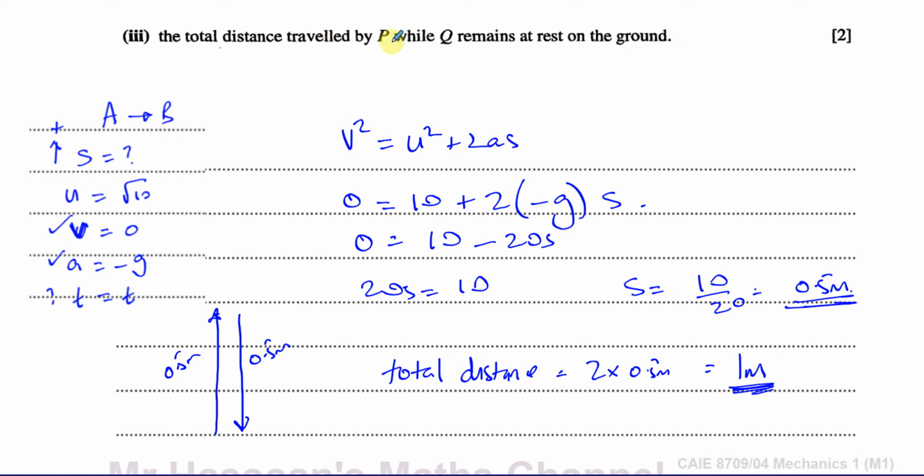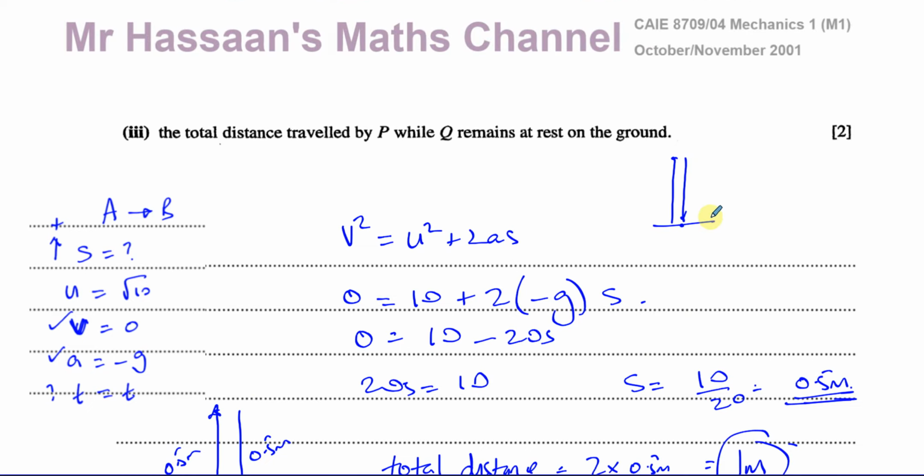They think, oh, I know what the question is asking, like, how high did P go after Q remained at rest on the ground? No, basically what you have to do is find the distance that P went up, came to instantaneous rest, and then came down again. And then once it comes down to that same level where the string becomes tight again, that's when Q will start moving. So Q won't be at rest anymore. So the answer here is 1 meter. So take care of that. Read the questions carefully.